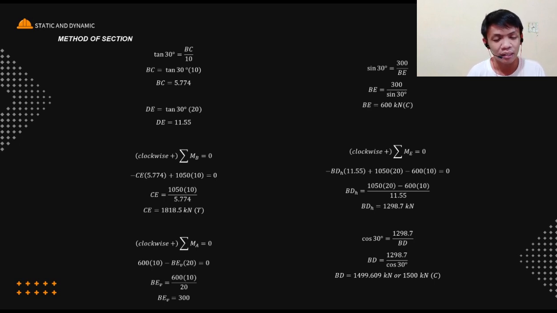And lastly, para na makuha natin yung last member na tinamaan ng pag-section natin, which is yung member BD, gagamit tayo ng magmo-moment tayo sa joint E, which is summation moment ME is equals to 0. So first, kukunin natin yung BDH, since wala tayong or yung BD horizontal, since yun yung nawawala nating forces or moment. So yun, kukunin natin.